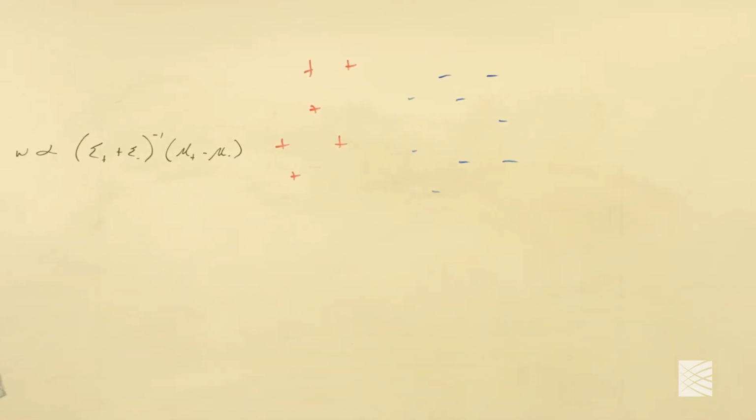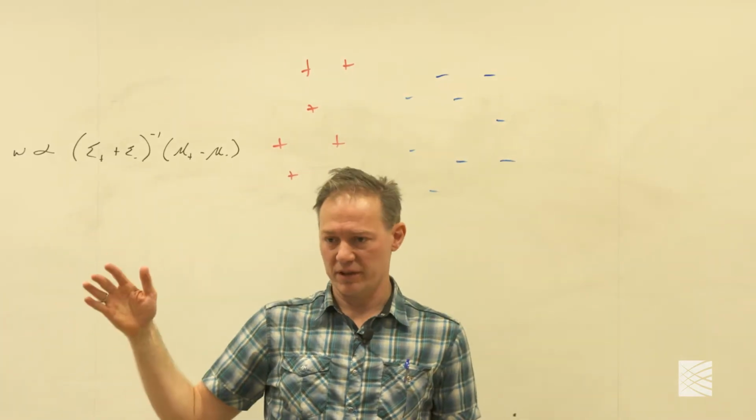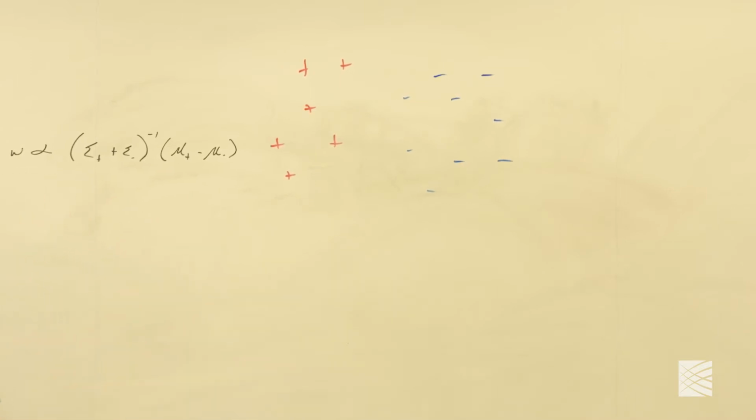And we're going to assume they're separable for now. We'll come back to that in a little bit. And again, we want to find some direction where when we project them, they're easy to classify along that dimension.